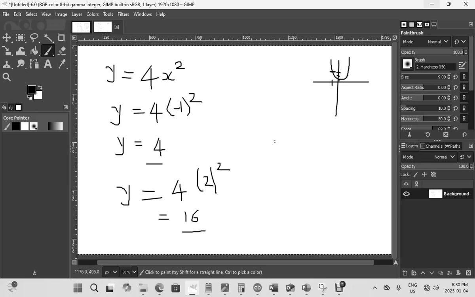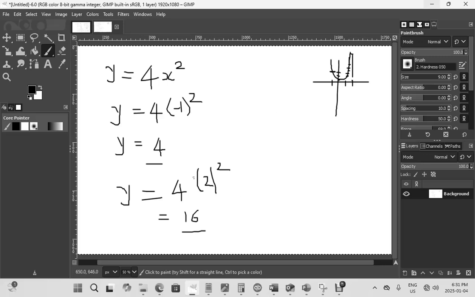And for x equals 2, it will be 16, all the way up, where your x and y coordinates merge.